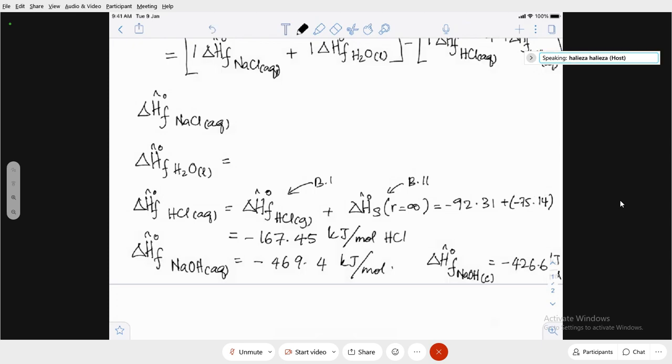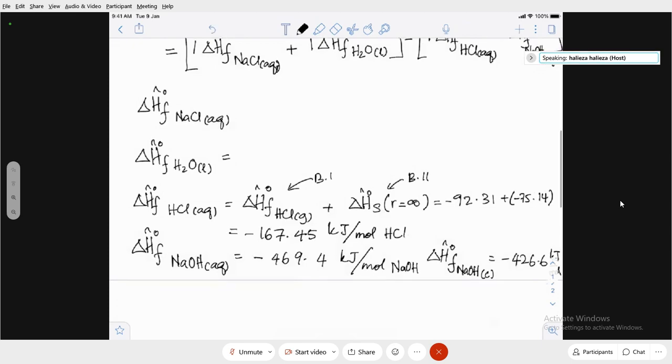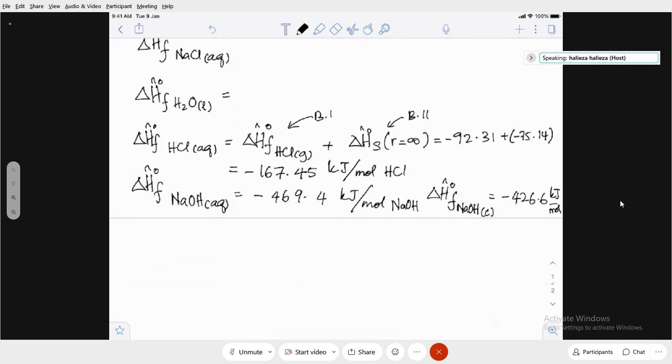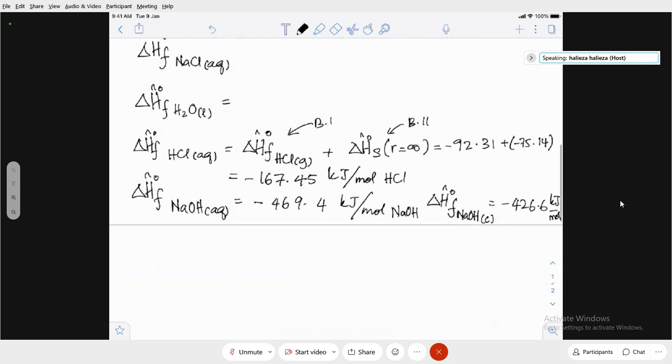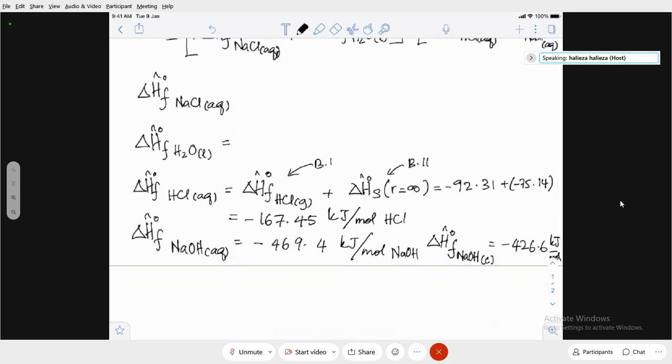The same thing over here for sodium hydroxide, per mole. Since I don't have space, I cannot write it. For water, we looked it up in appendix B1. That value is negative 285.84 kilojoules per mole of water.